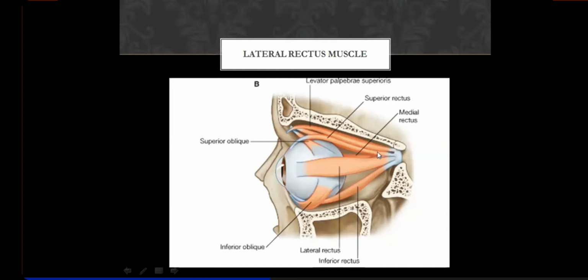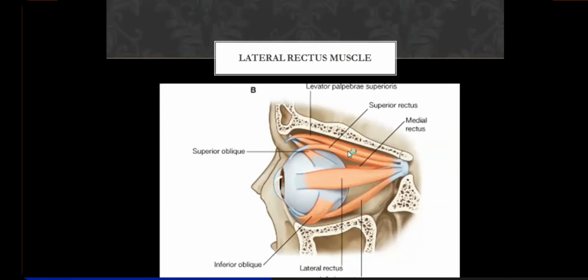Then this muscle you can see here, this is superior oblique, right? Superior oblique was arising supromedial to the medial rectus. So superior oblique runs along the upper surface of the medial wall of the orbit, and here you are seeing this lateral crest of the lacrimal fossa.